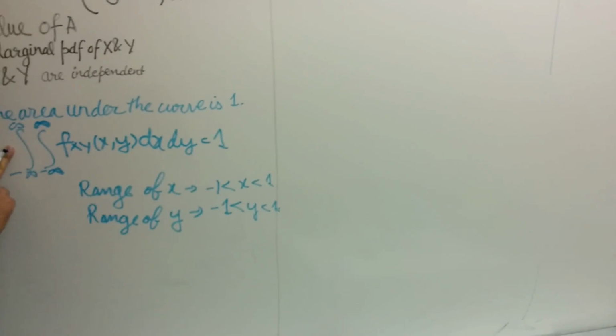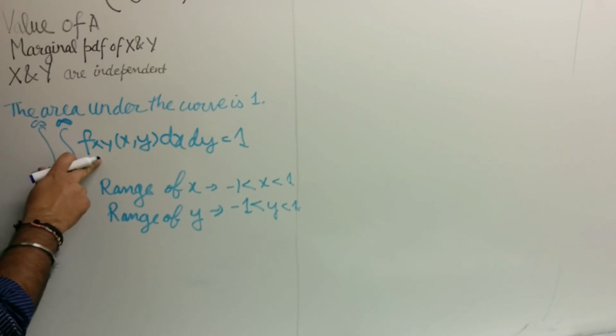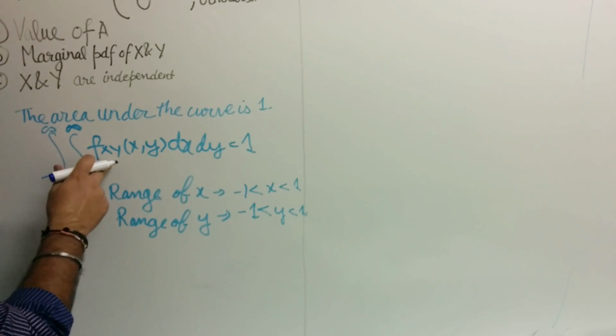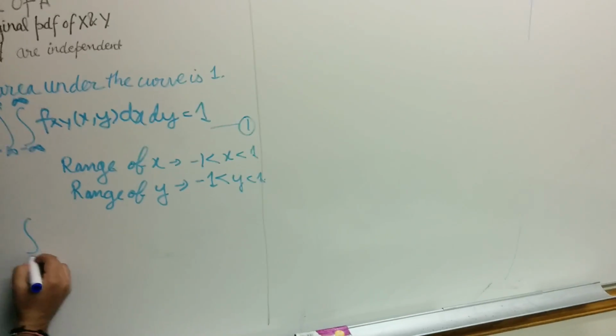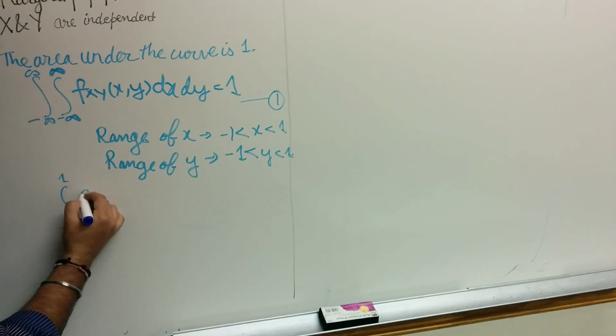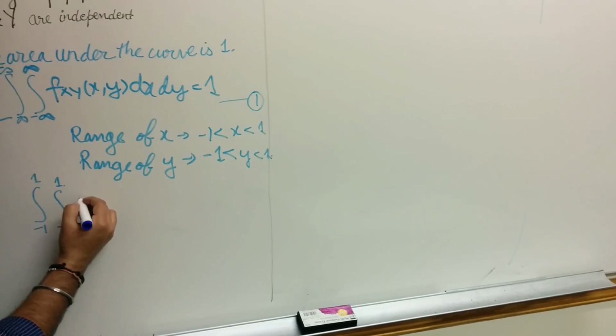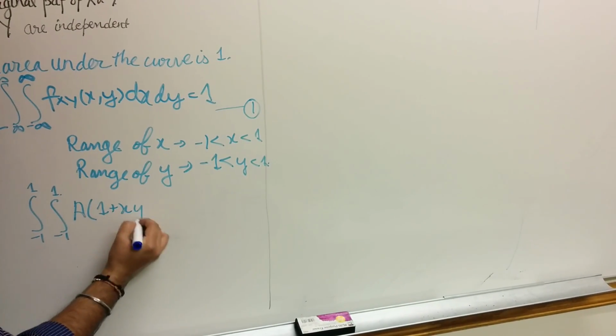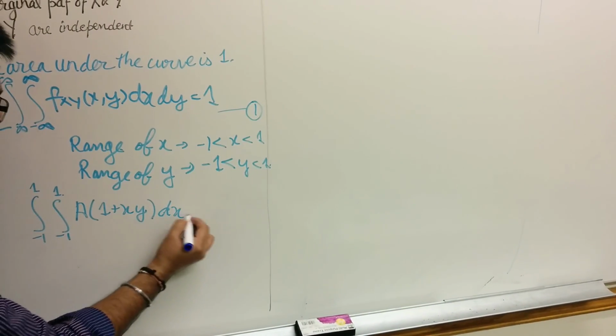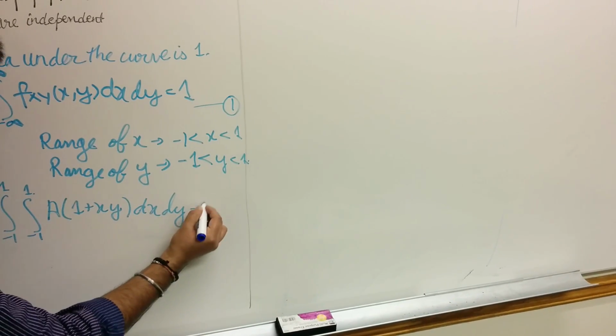Putting the range of x and y here and the value of f_XY, that is the joint PDF, in this equation 1, we get the integral from -1 to 1 of a(1 + xy) dx dy equal to 1.